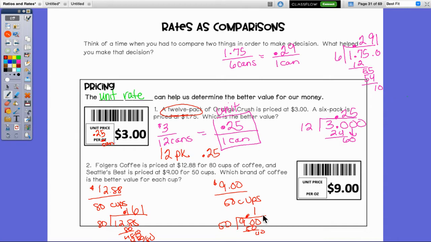And 50 goes into 40. Sorry, bring down my 0. 400, 8 times. And so that's no remainder. I have 18 cents. I have 16.1 cents. So the cheaper coffee is the Folgers coffee. Personally, though, you're buying Seattle's Best because it's a better cup of coffee. I'm paying 2 extra cents for the better taste.